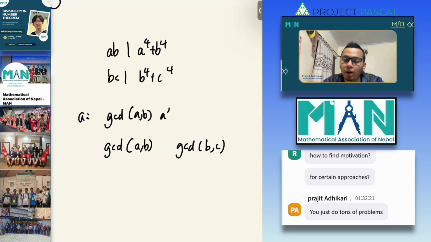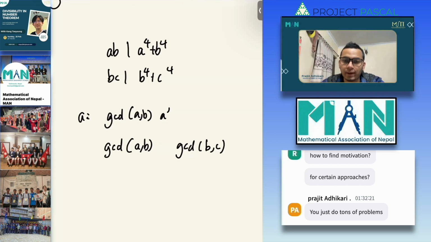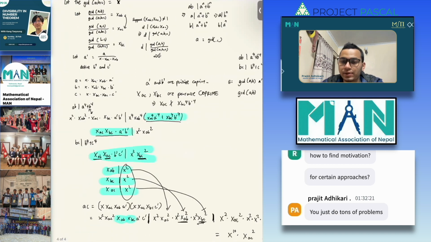It's the whole point of using GCD in the first place. So if there is some shared factor between the two GCDs, it defeats the purpose of using GCD in the first place. Yeah, that makes sense. If I see a similar problem, I'll probably approach it this way.